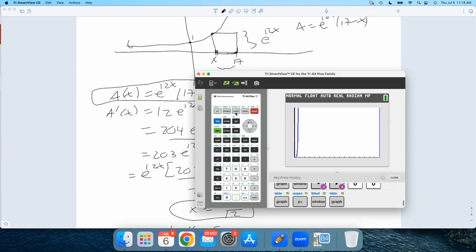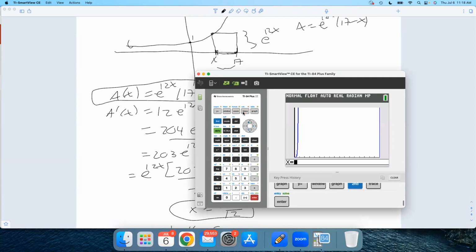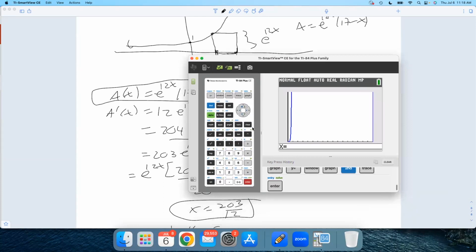The point I was trying to show you is you can go here to calculate. Second, calculate, hit value, and now I can just plug in that and it will spit out the Y value that goes with that. And that's 1.2. Notice right there, see that little E or that capital E?